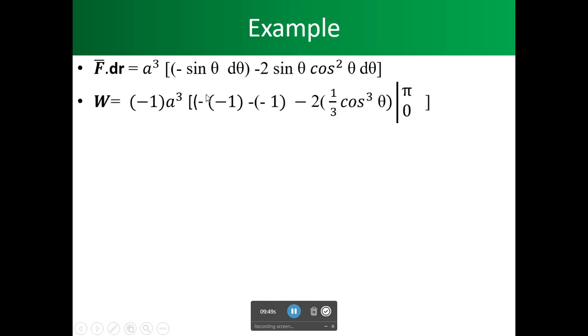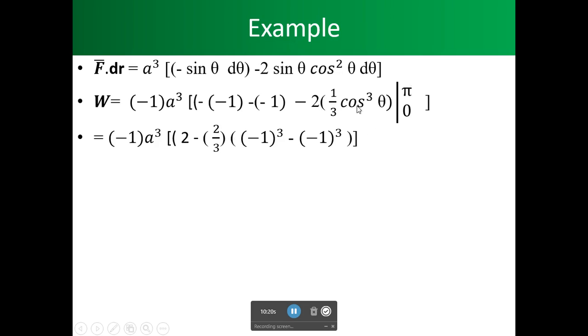So what we have here under work, we have all of these negative signs with the 1s. We have here the 2, and we're going to be evaluating cosine cubed at pi and 0. This here is a constant, and this comes out to be 2, and then we have here this 2/3 times these quantities.